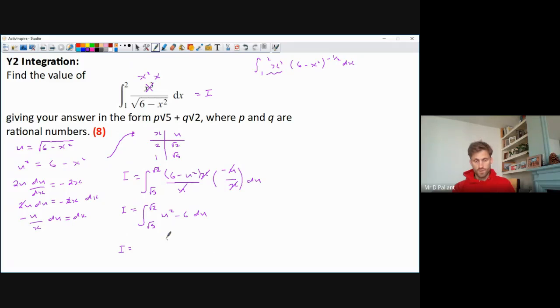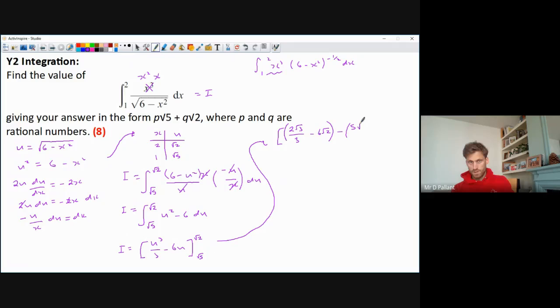So I've got u cubed over 3 minus 6u between root 5 and root 2, which is going to give me root 2 cubed, which is 2 root 2 over 3 minus 6 root 2. Minus, put the 5 in, so root 5 cubed is 5 root 5. So I've got 5 root 5 over 3 minus 6 root 5.